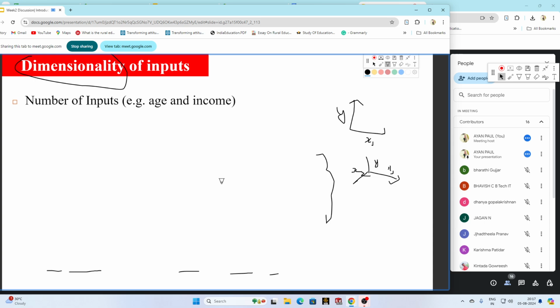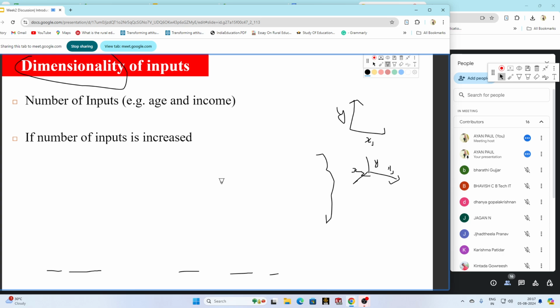If the inputs increase from 3 to 1000, this is a problem.